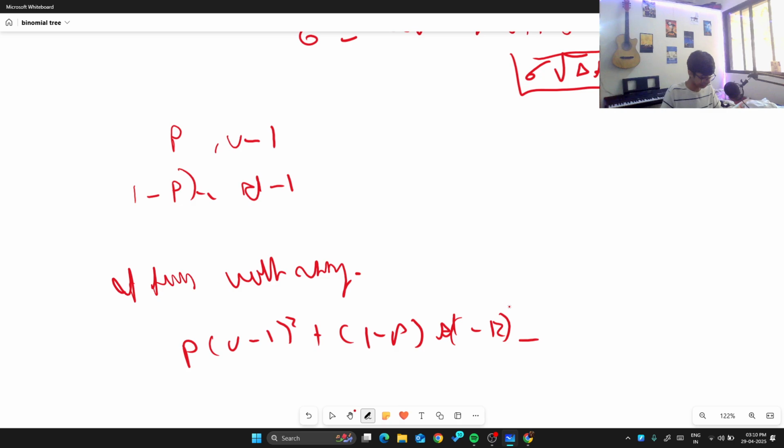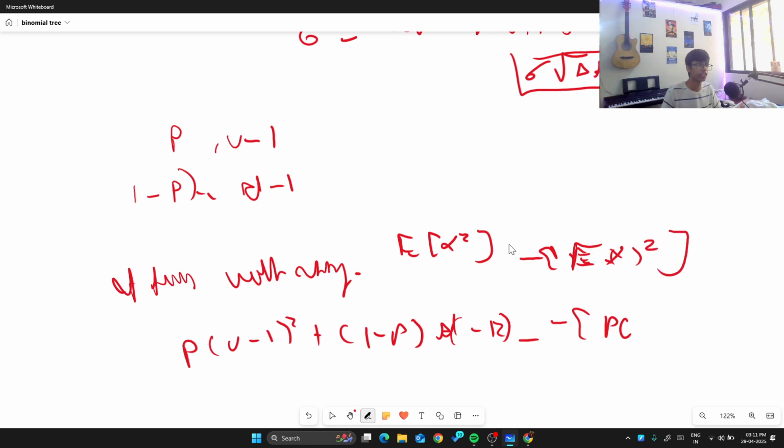It is an expectation formula, a variance formula. We know the variance formula, expectation of x square minus the square of expectation of x, right? Let me show you properly.